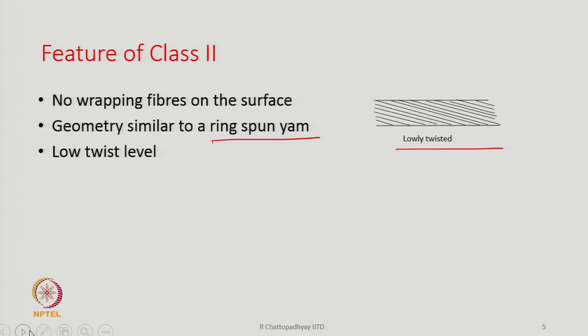Now, the other aspect is that there is a low twist level. So, twist in this zone is low, and sometimes we will find that somewhere in the yarn the twist direction is S, and other parts you may find the twist direction is Z. That indicates that the core was false twisted, and somehow the false twist could not get removed completely, and it got trapped by the wrapper fibers.